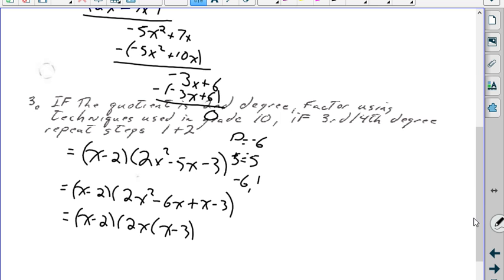Now in this case, what's common to x3? Take out a positive 1. And I don't care which order you write them in.